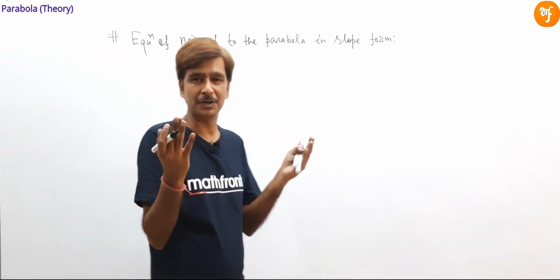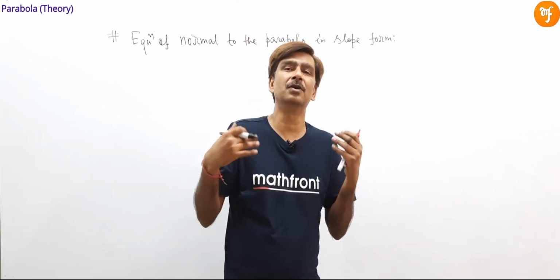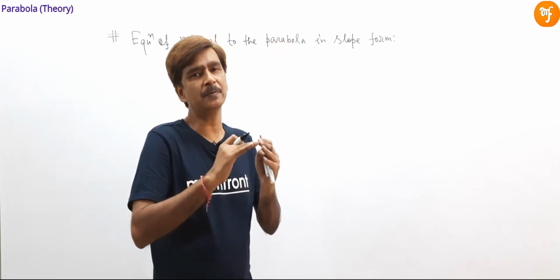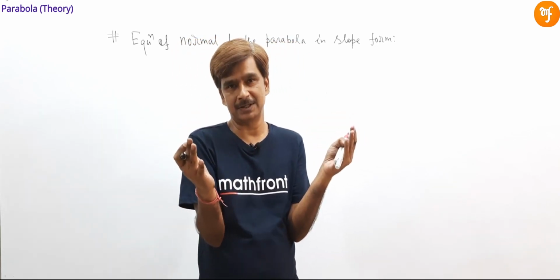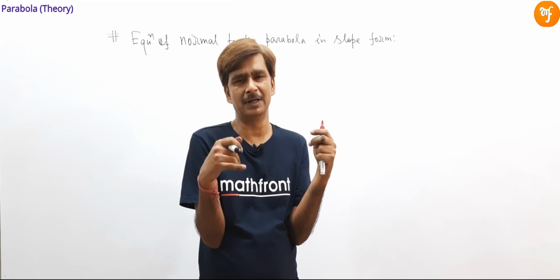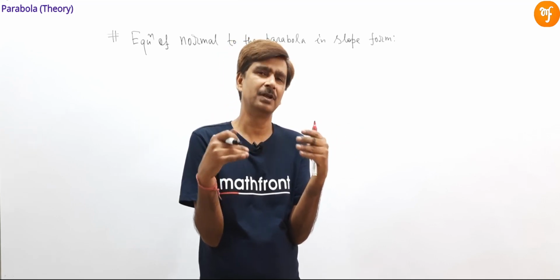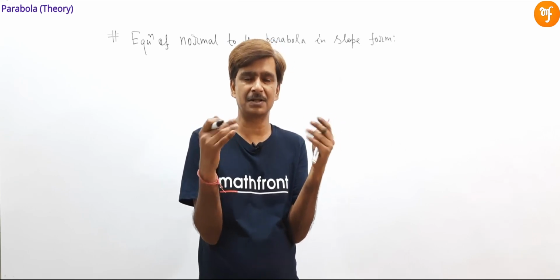The slope form means, you know very well, that the slope of the normal will be given. Okay, so if the slope of the normal is m dash, in this case we will use m dash symbolically because we use m as the slope of the tangent. So that is why we will use m dash as the slope of the normal.